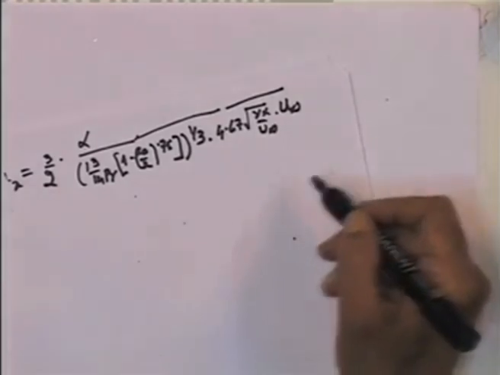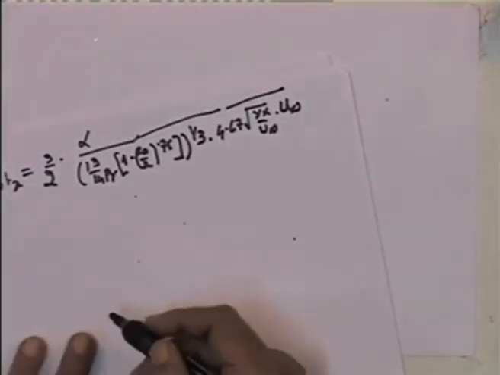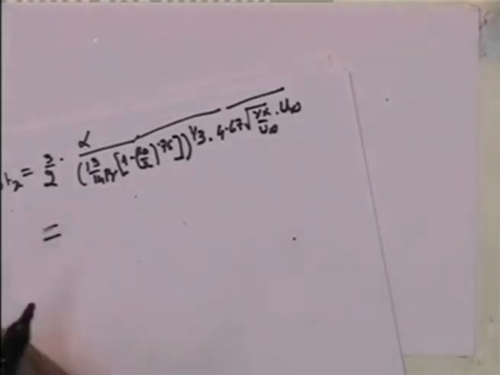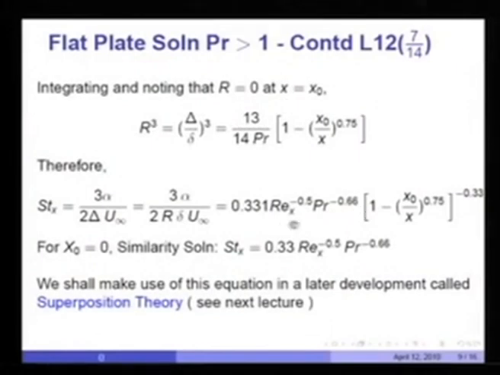This is what Stanton x would read as, and all this put together it will result into Prandtl raised to minus 0.66 and 0.331 Rex to the minus half, Prandtl to the power minus 0.66, 1 minus x naught by x 0.75 to the power minus 0.33. So, this then is the solution to the case of unheated starting length x naught.